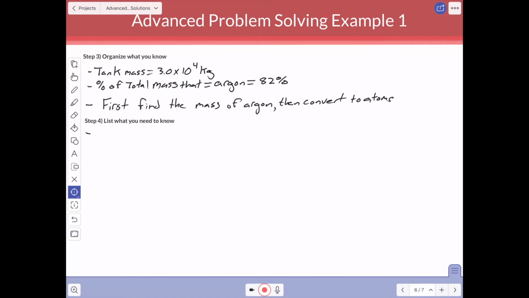So I need to know the mass of argon, which is saying the same thing, in the tank.